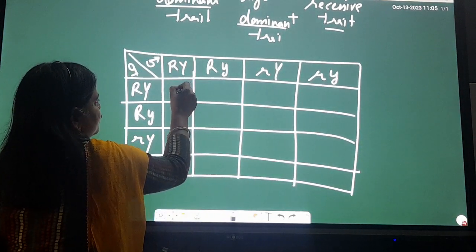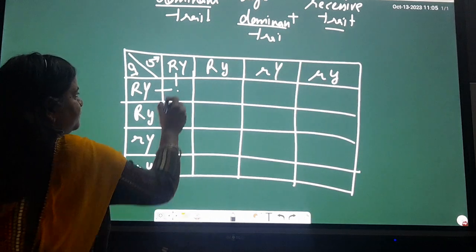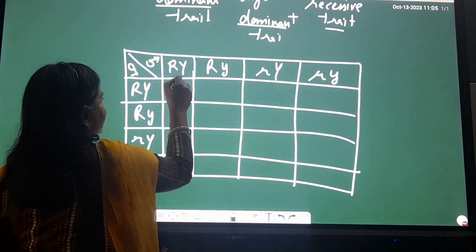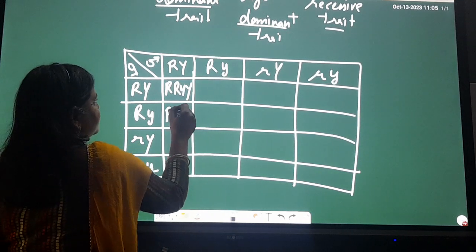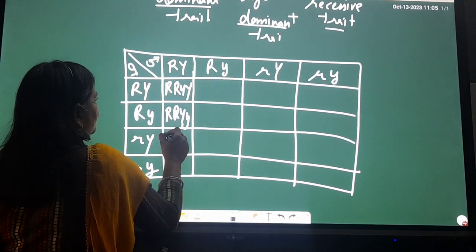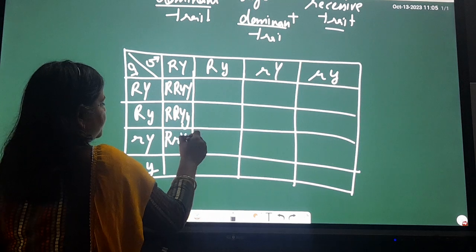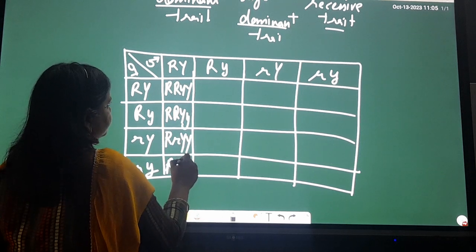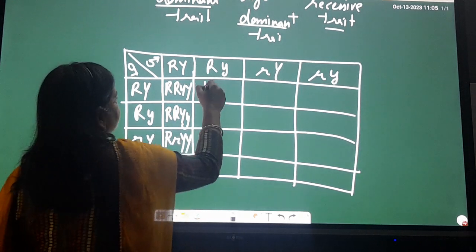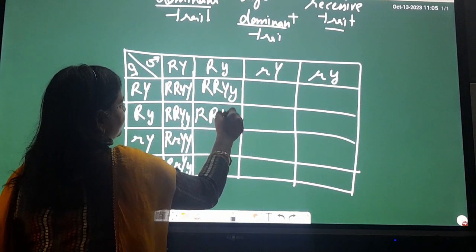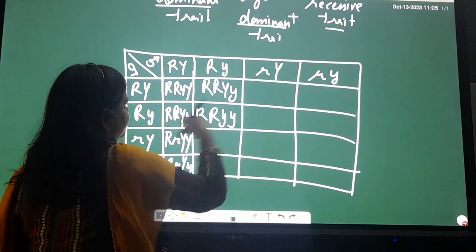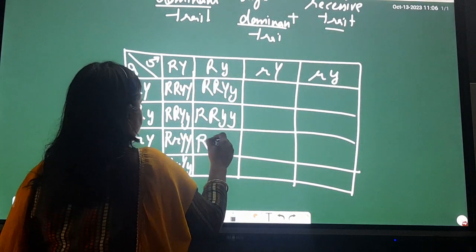Like this, in this box, these 2 traits will come, so you can write both capital R and both capital Y. In the same way you can write the complete chart. You have to see both lines of the gametes and make the combination.